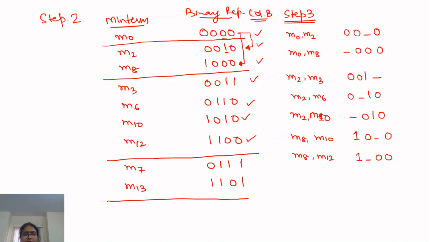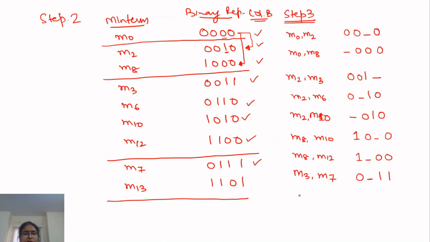So 3 and 7, yes, they are comparable because they differ only on the second bit. So it is 0 dash 1 1. And 3 and 13, no, not comparable because they differ on 3 bits.